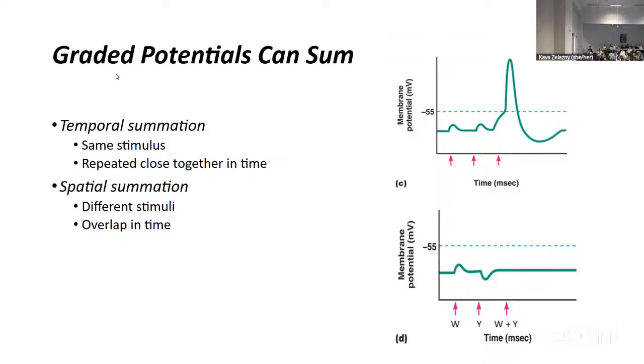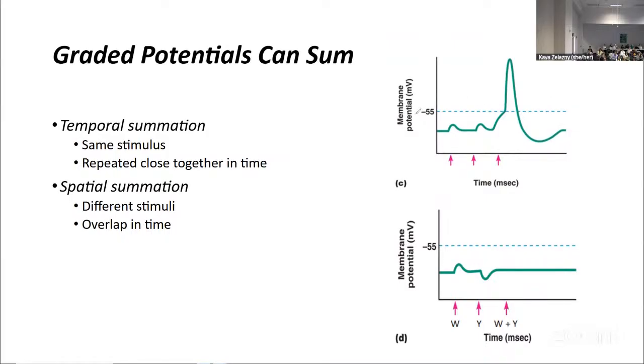So on these examples of graded potentials, we can see individual graded potentials happening over time, right? So this is 2 different stimuli, each of which causes a peak.